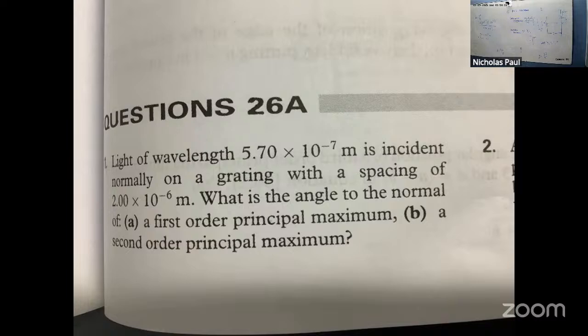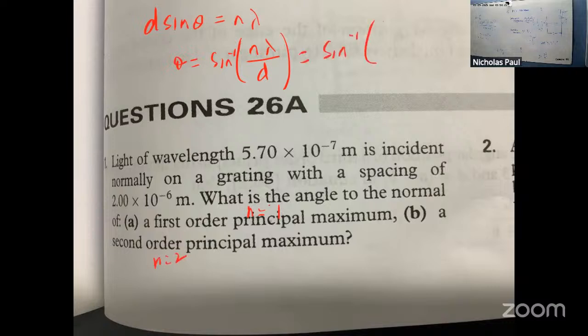Just in case others are struggling to make theta the subject of the formula. Remember you have d sine theta is n lambda. So carry d across, you divide, carry across sine, you get sine theta. First order means n is 1. Second order means n is 2. Lambda is 5.7 by 10 to the minus 7.